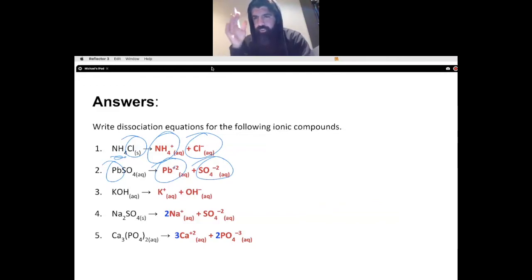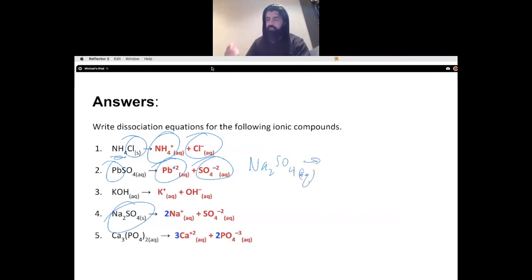Ones to be aware of is that even with these ionization equations or dissociation equations or these aqueous equations, they still need to be balanced. So take, for example, this one here. So let's break this one down. Na2SO4. Okay, so this is (aq) or (s), whatever it is. It doesn't really matter. So we've got the Na, okay, and it's positively charged, (aq), plus SO4, (aq). So all I'm doing right now is identifying what's my cation and what's my anion in my ionic compound.